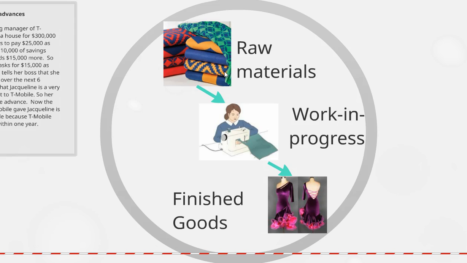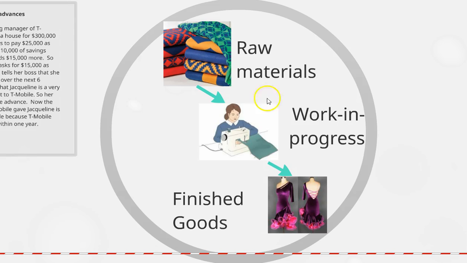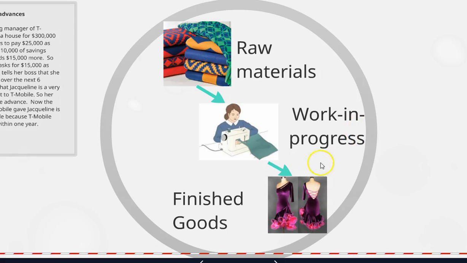Once the fabric is chosen by the customer, Barbara starts stitching. She takes 3 days on average to complete a garment. So the semi-finished garments that are with her over the 3 days are called work in progress.